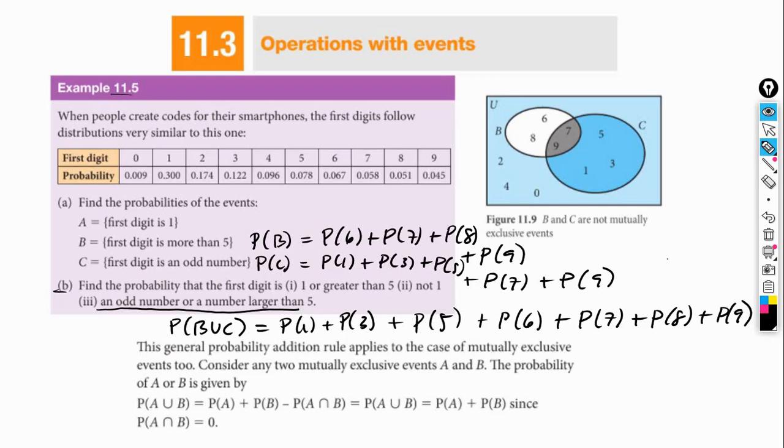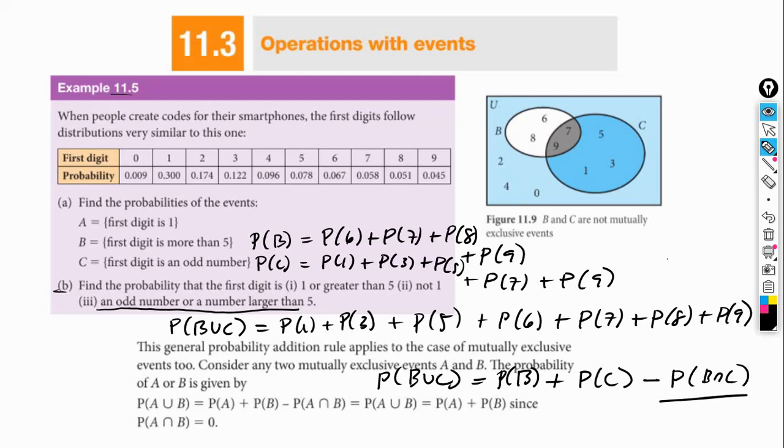So one thing we didn't explain is that basically what we're doing here is saying that the probability of B union C equals the probability of B plus the probability of C minus the intersection of the probabilities of B and C. So what is the intersection of B and C?